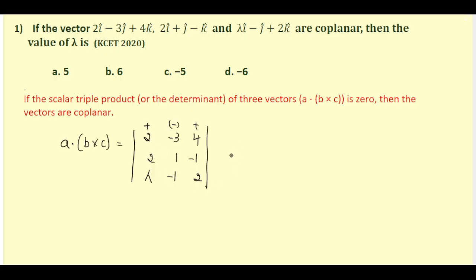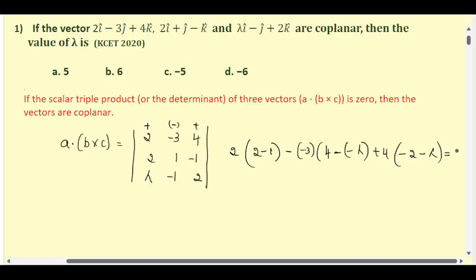On solving this, we get 2 into 1 into 2 is 2, minus 1 into minus 1 is plus 1, minus 3 into 2 into 2 is 4, minus lambda into minus 1 is minus lambda, plus 4 into 2 into minus 1 is minus 2, minus lambda into 1 is lambda.